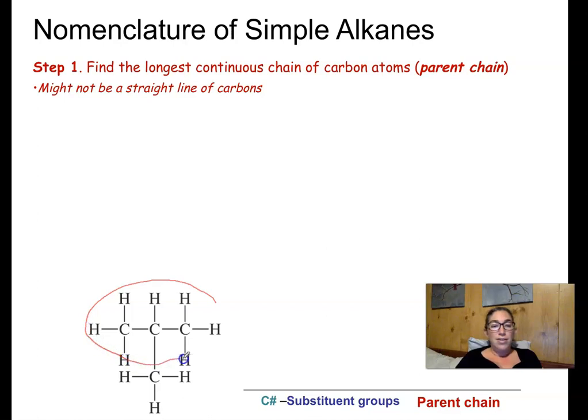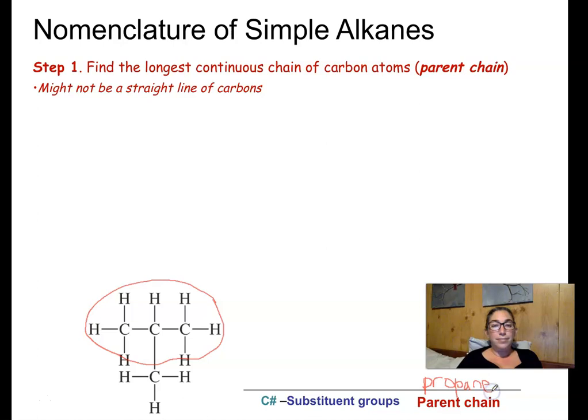So this is the parent chain, and the parent chain is 1, 2, 3 carbons. If we go back to that page before, we see that that's called a propane. So we put the parent chain's name at the end of the name of the molecule. So we're going to put propane here. We name the parent chain.